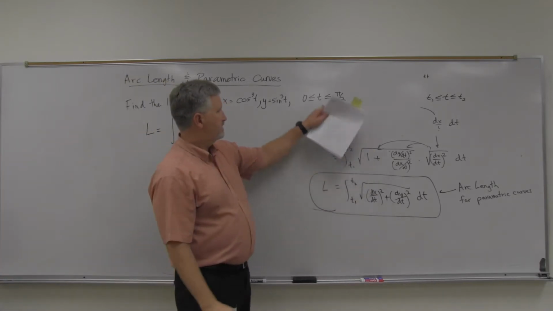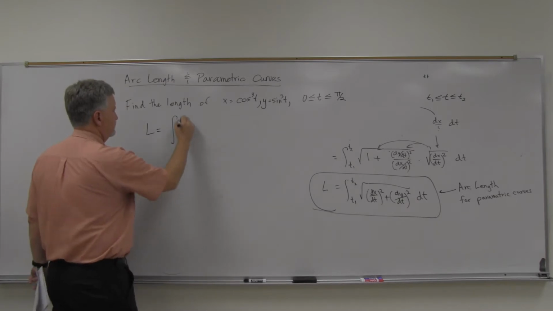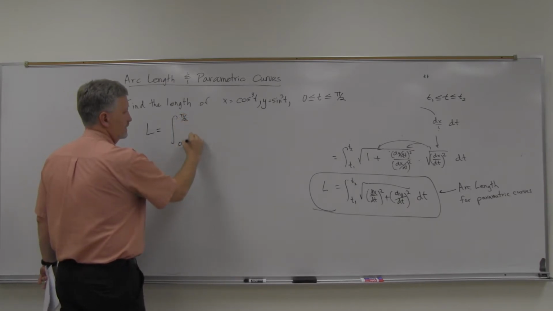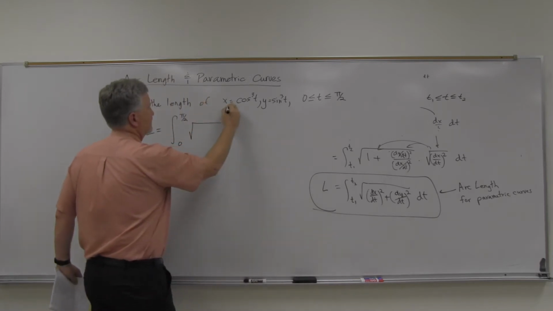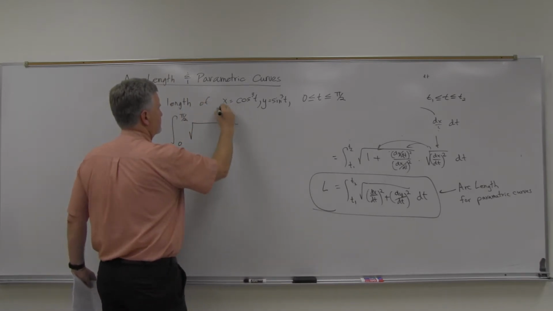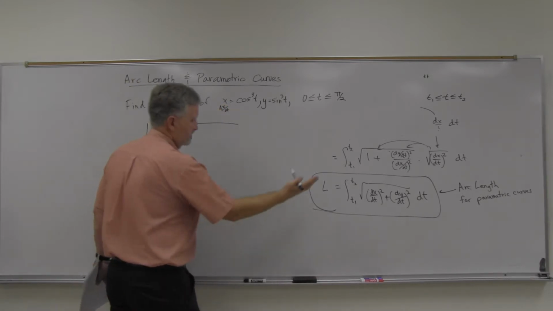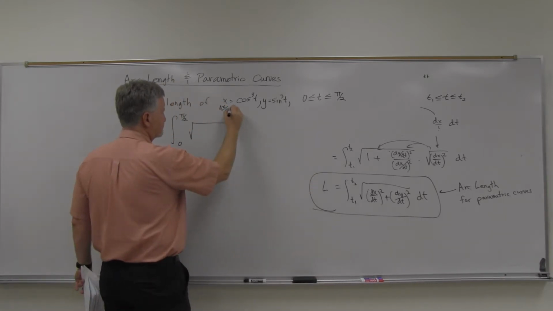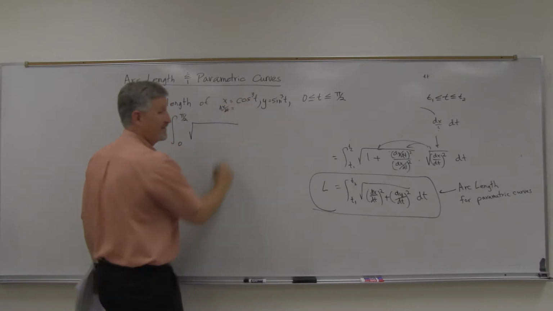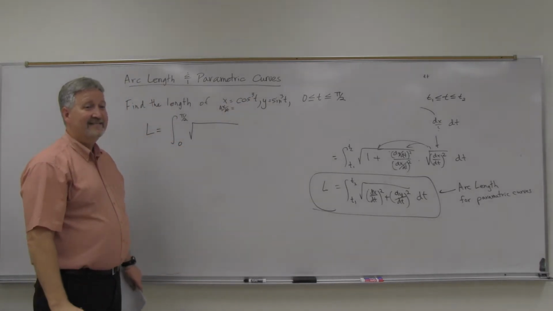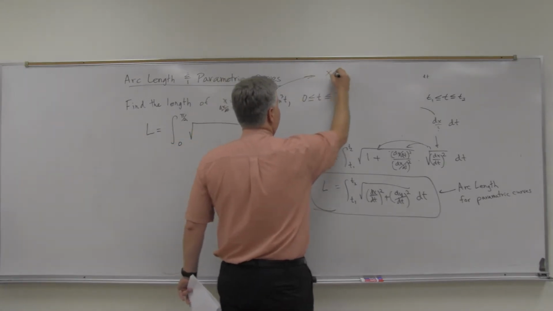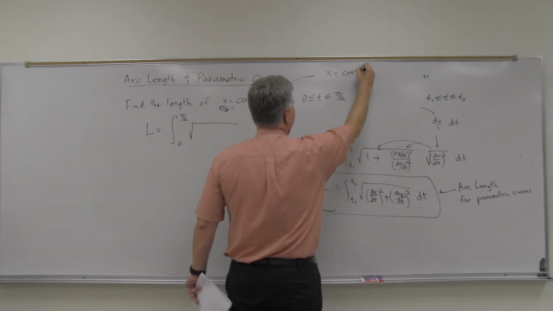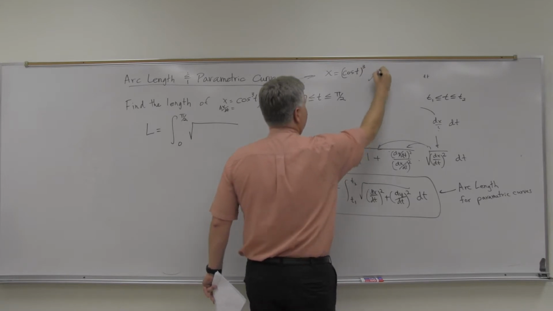So t1, t2, it's 0 to pi over 2. For dx over dt, I need the derivative. Use x prime if you want, but how do we do that derivative? Let's do it here.